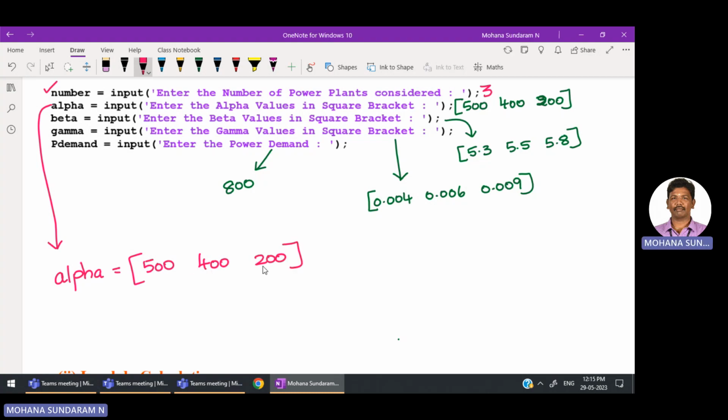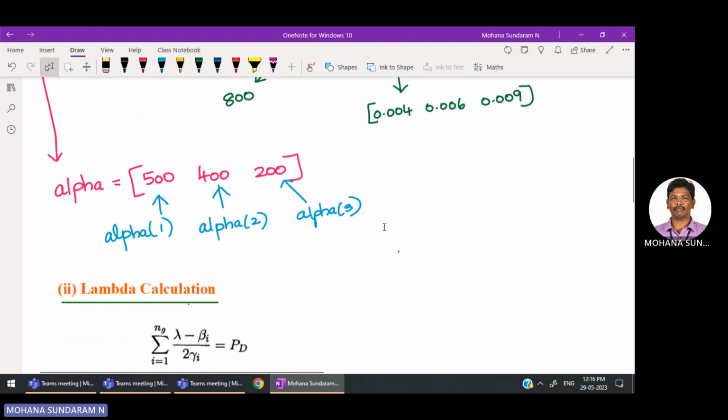If you want to access 500, that is called alpha of 1. This one is alpha of 2, and this is alpha of 3. This will be useful when you are writing a loop statement.